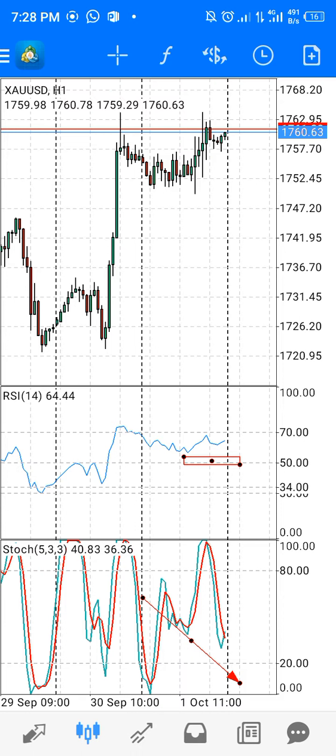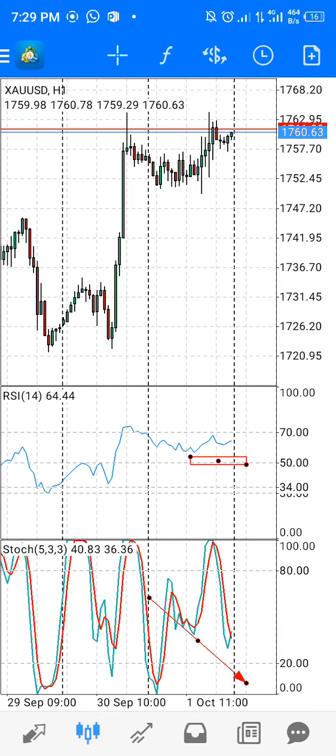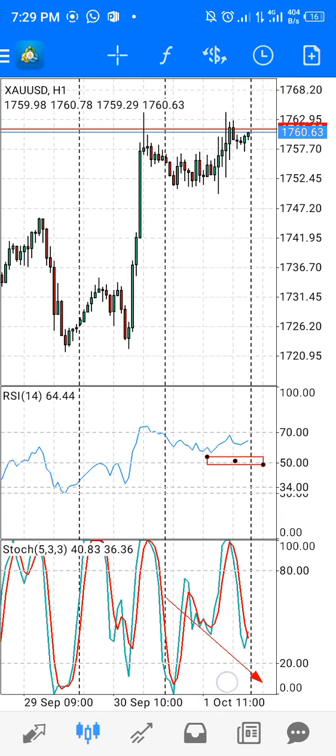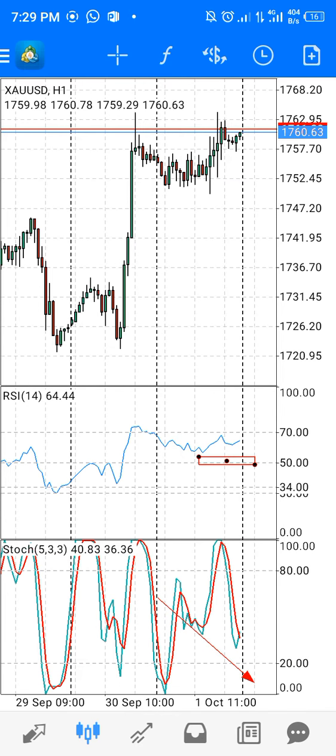The entry is when the RSI is at the 50 level from up, I'm not talking of from down, from the 70 level down to the 50 level, and the stochastic is at the oversold level, which is below 20.